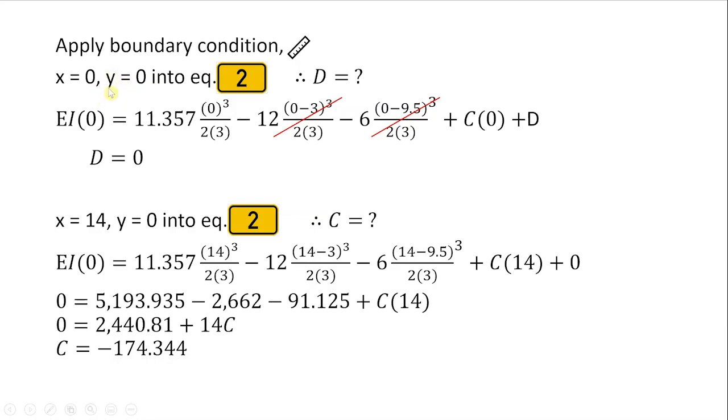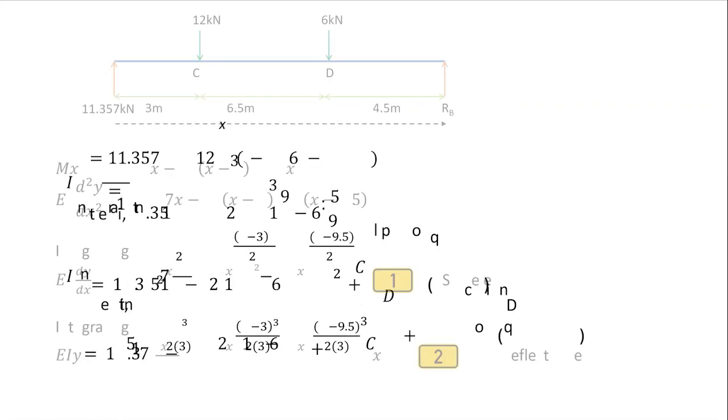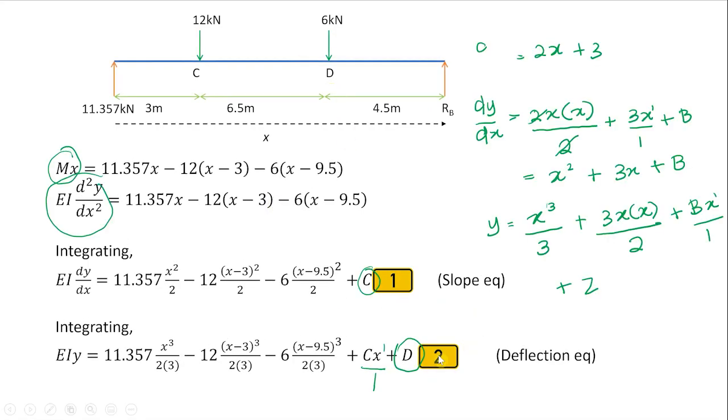So y ni means that it is deflection. Okay, tak ada dy over dx kat sini. Jadi obviously it is equation number 2 here. Since this is deflection equation, dia ada huruf y kat sini. Okay, jadi kita tahu x equal to 0, y equal to 0, it is for equation number 2.